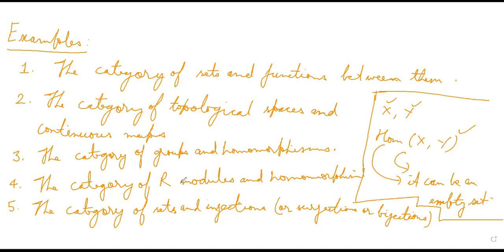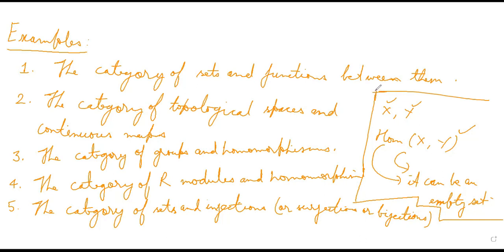And again, composition will be the usual composition of functions. So you know that if you have two injective functions, their composition also is an injective function, right? So this will give you a category. Next, in this hom xy, you can take the collection of all surjective functions from x to y, right? Then that will give another category, right?